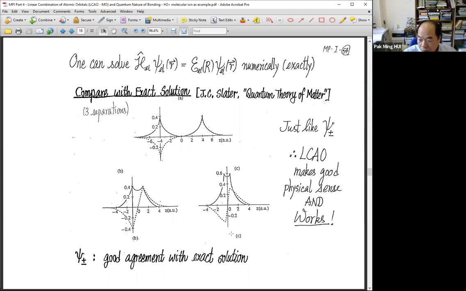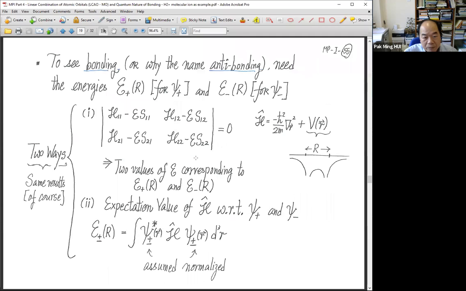As I told you, there are very accurate numerical solutions. So here I meant to compare the exact so-called numerical solutions with our LCAO, okay? So here is the more accurate solution, but you see the same behavior. Okay, so it's quite okay, LCAO.